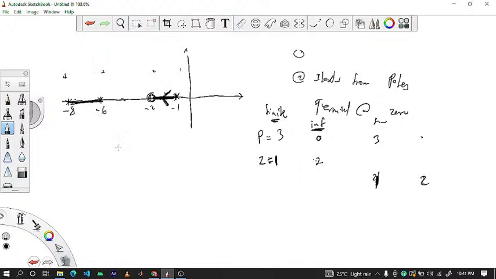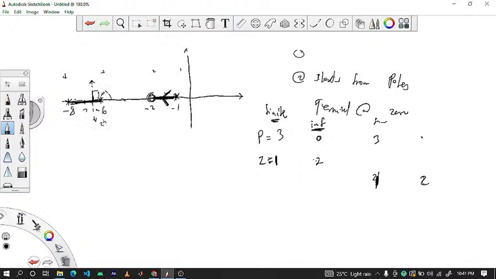Now let me identify where my asymptote is. When we calculated, we got the asymptote centroid to be negative 6.5, which means it is somewhere around here, near negative 7. The angle of your asymptote will be 90, measured from the positive real axis. Then the next one was 270.